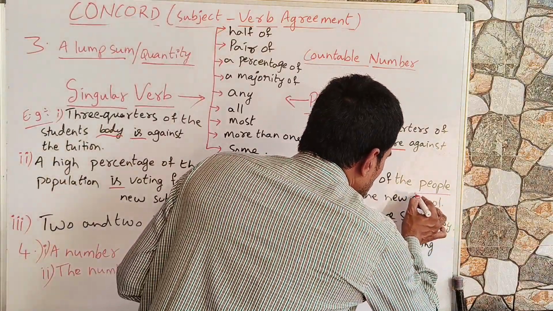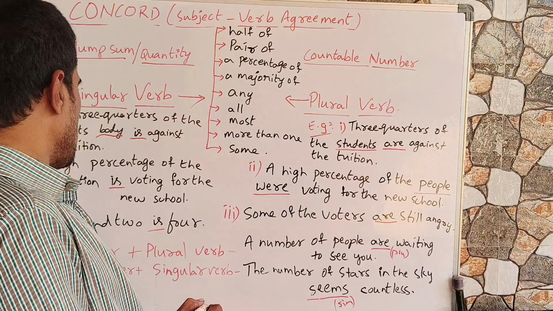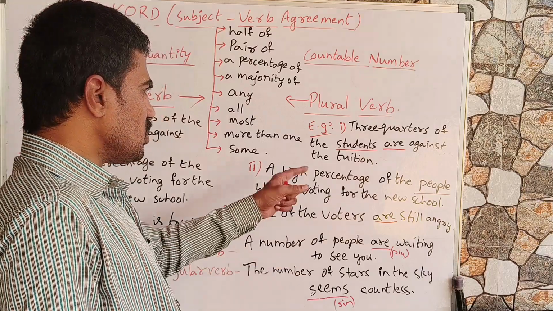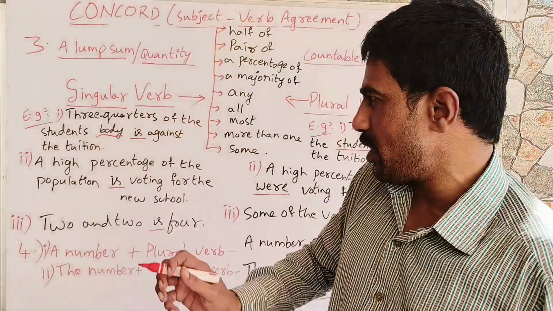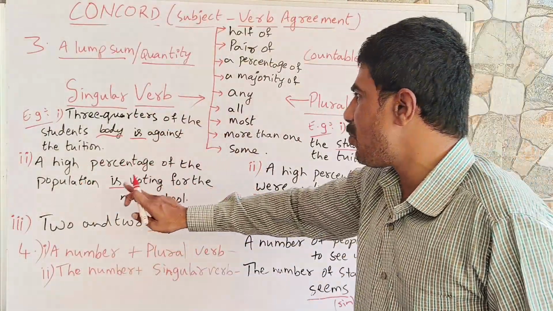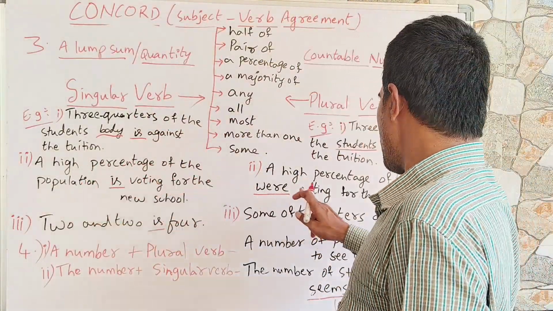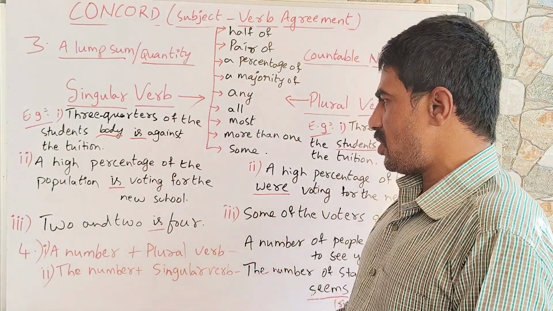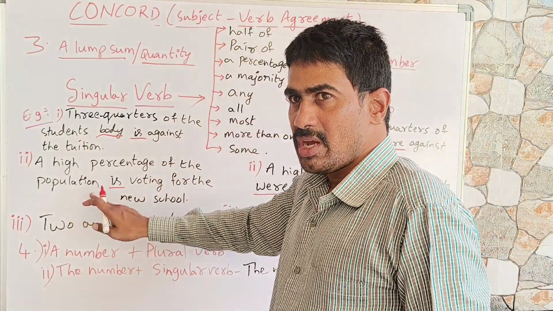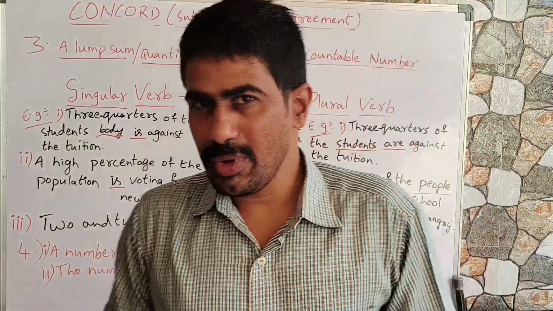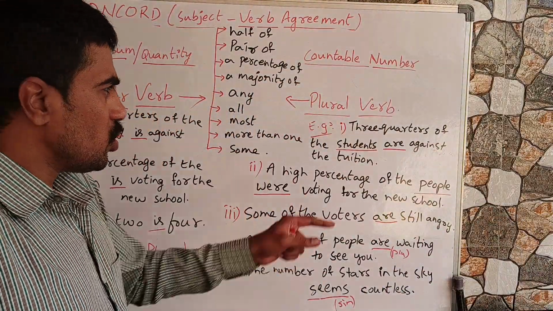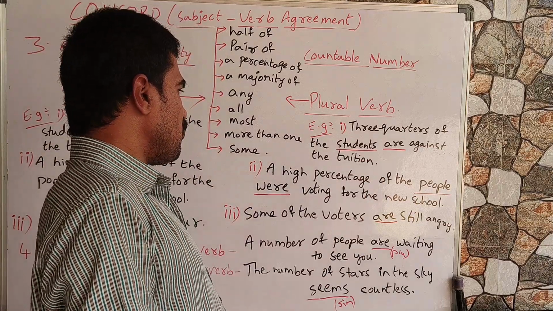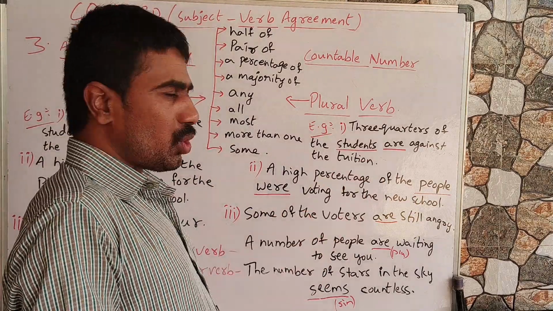In the previous one, we had a high percentage of the population, and here a high percentage of the people. So the way we use the noun, we continue with the way we use the verbs also.